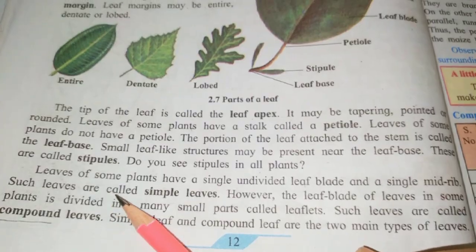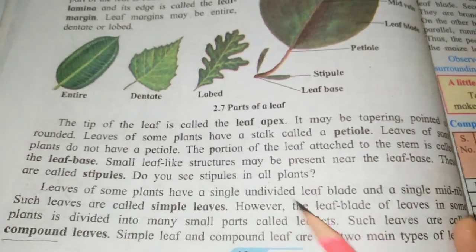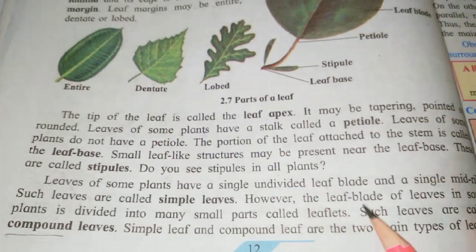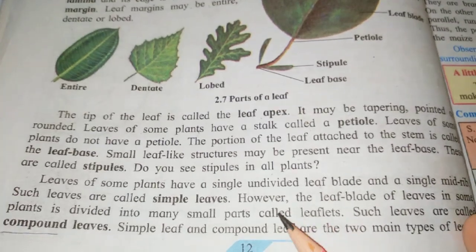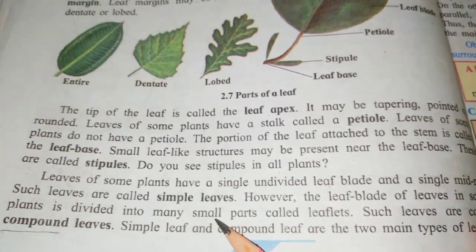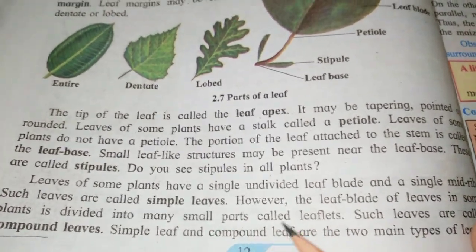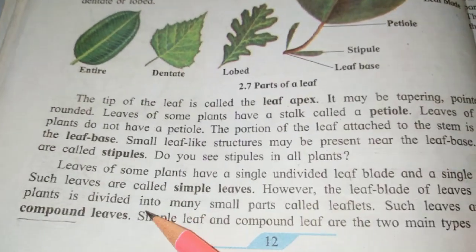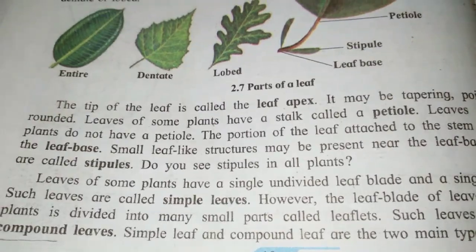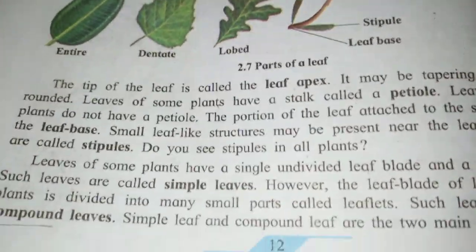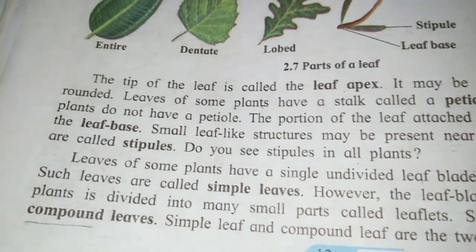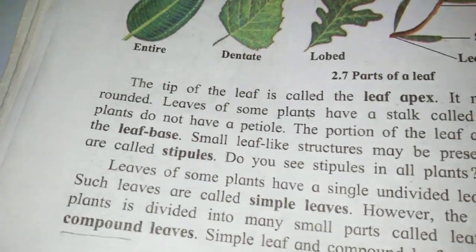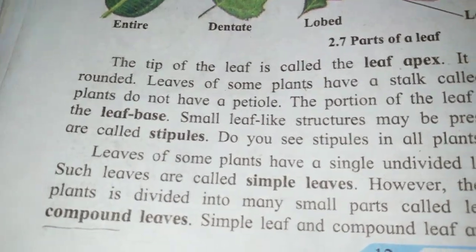Such leaves are called simple leaves. However, the leaf blade of leaves in some plants is divided into many small parts called leaflets. Such leaves are called compound leaves. Compound means what?